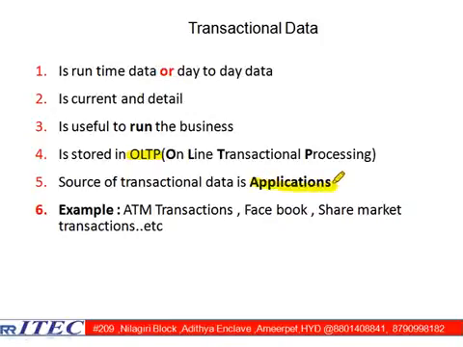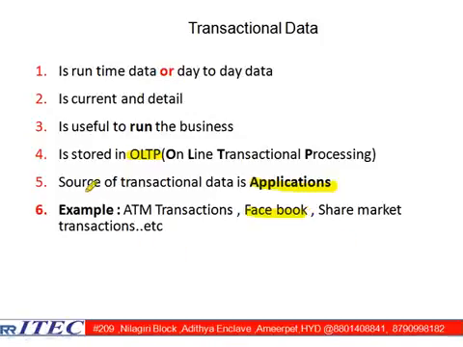Applications. Let us say Facebook is one application. In that I am trying to register. You are also registering. Is our information stored in the application or in the backend database, sir? In the backend database it is going to be stored, right?